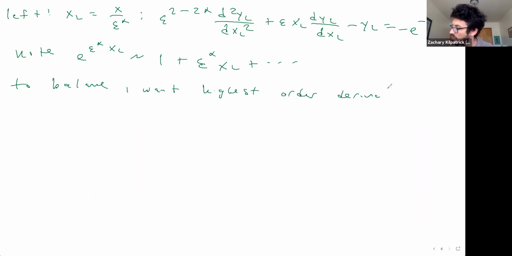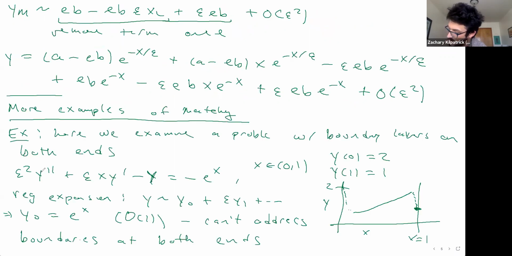So to balance in the distinguishing limits, we want the highest order derivative at leading order. There's a couple reasons for that. One is that we ensure that the dominant behavior of the differential equation is exposed in the next order of expansion, or the next correction.